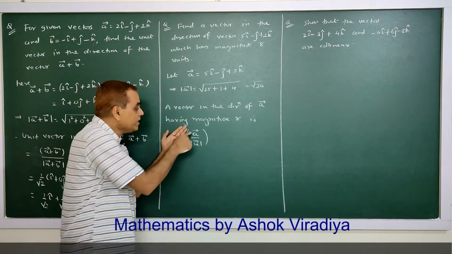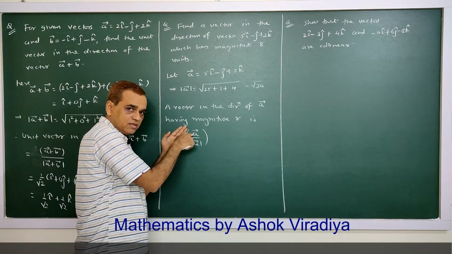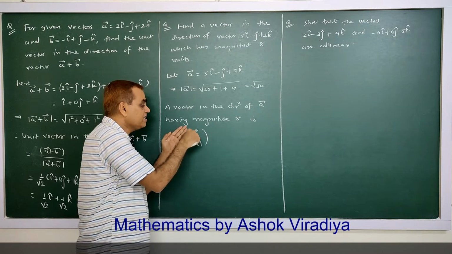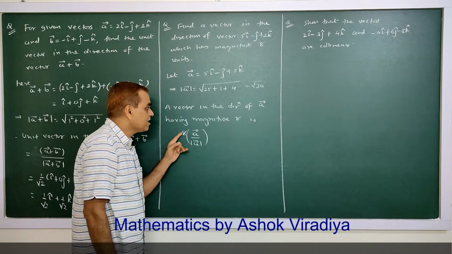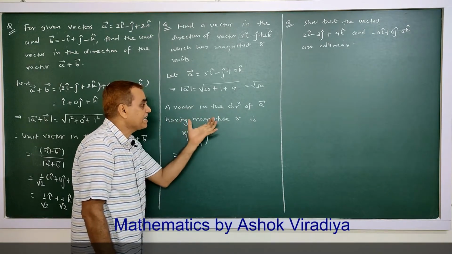Say this is a unit vector with magnitude 1 in the direction of vector A, and if you multiply by 8, it will be in the same direction with magnitude 8.